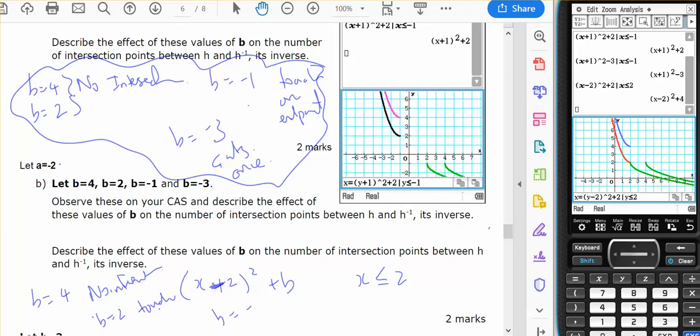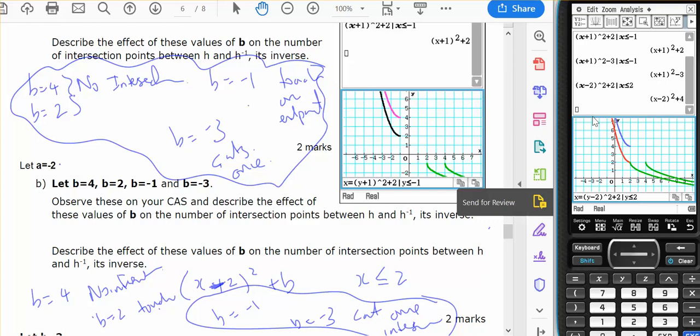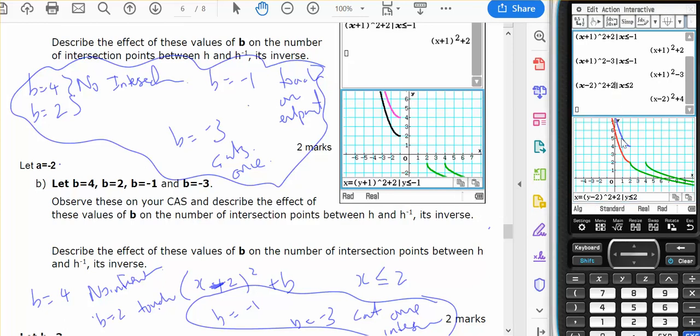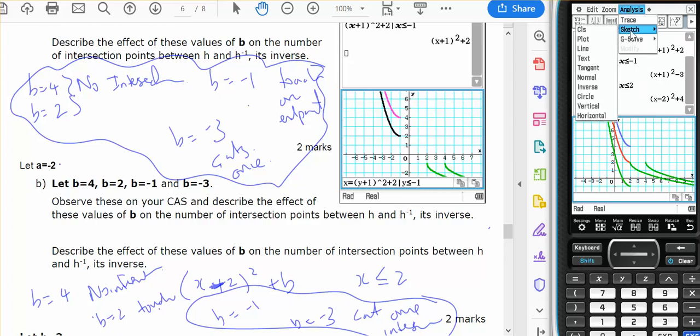b equals -1, b equals -3. I think we will have a cut, one intersection. So if I make that -1, I don't press XE, I won't lose my graphs. Beautiful. Analysis, sketch, inverse. I want the green one, so yep, XE, and we did have an intersection point.